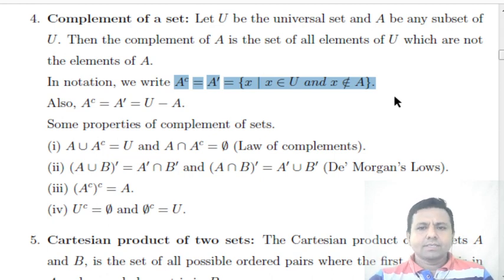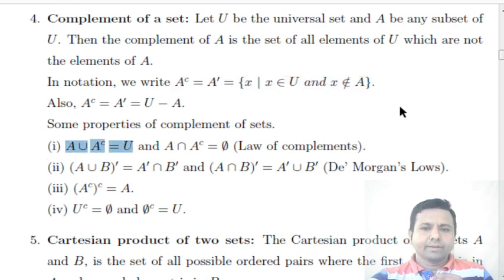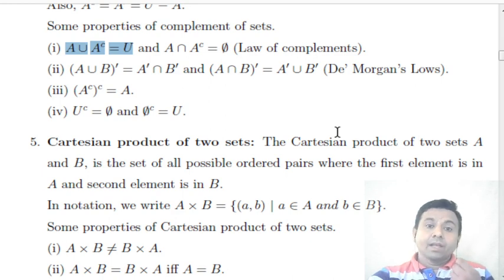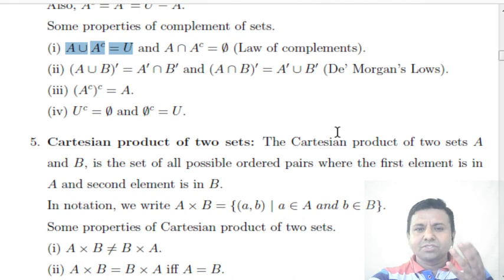Some properties of a complement of a set. We have A union A complement equals U. A intersection A complement equals phi. This is known as the law of complements. Now, at school level the results are very interesting.